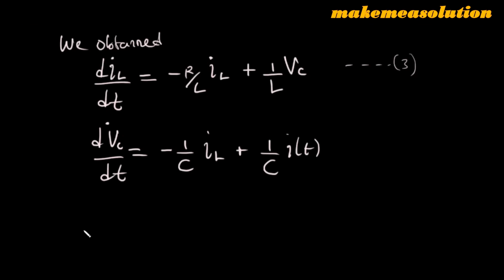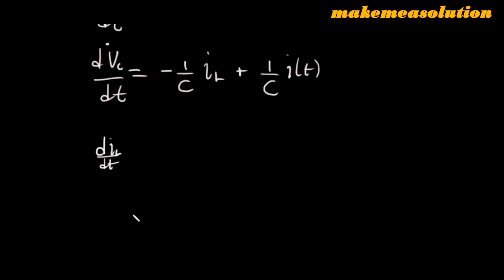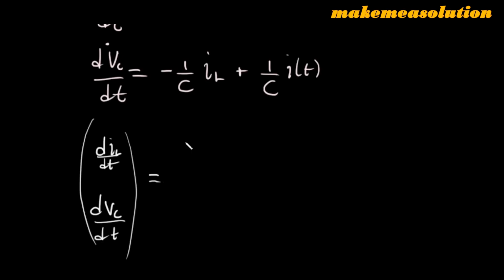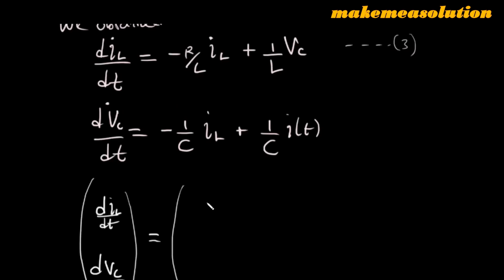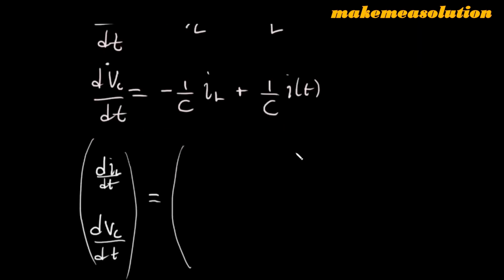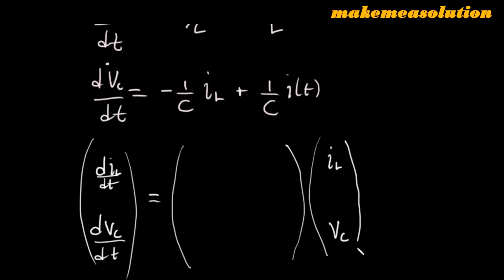If you convert this to matrix form, you're going to get dIL over dt and dVC over dt in matrix form is equal to, so let's find our coefficients matrix. The coefficients matrix is the matrix comprising the coefficients of the states. We have our states as IL and VC in this order, and we'll not have any inputs.